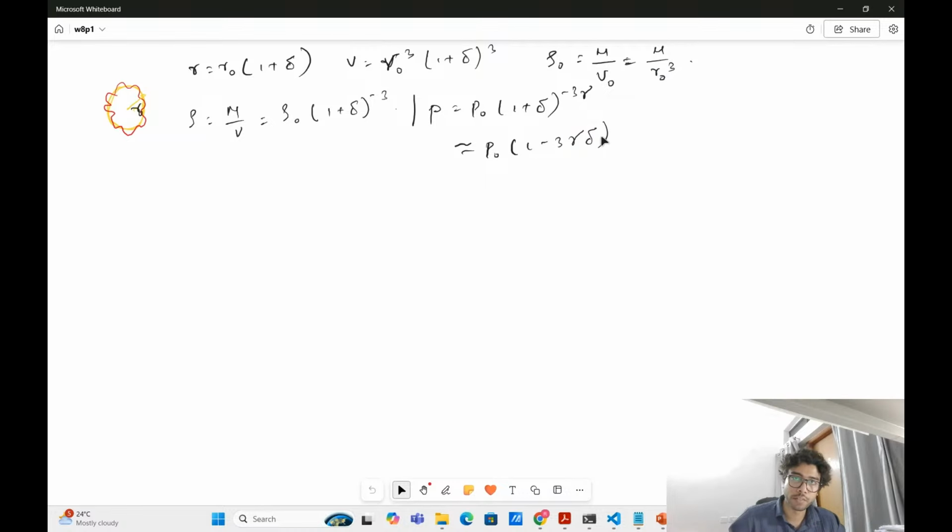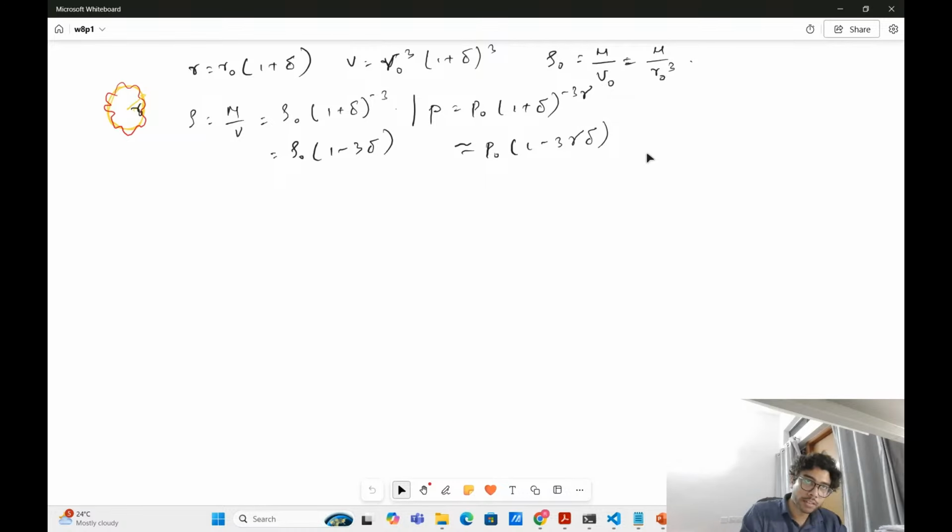We could also have higher order terms in δ, but since δ is very small, we are just keeping it to the lowest order, right? And similarly, ρ is also 1 - 3δ, right?